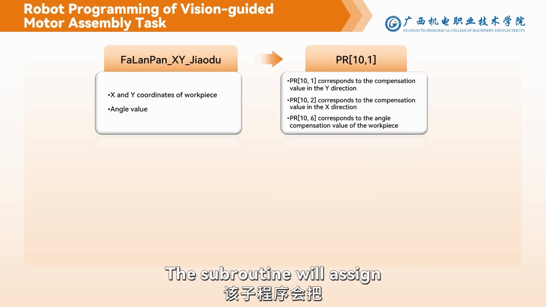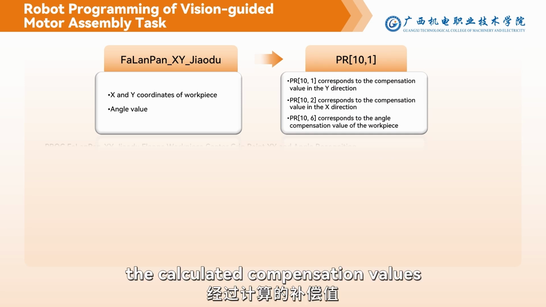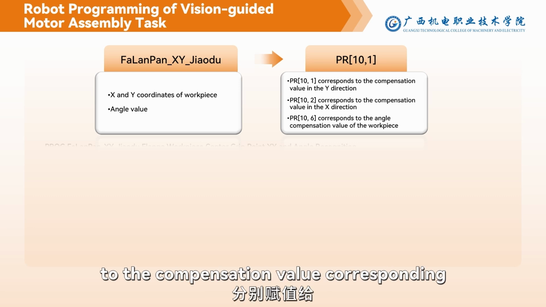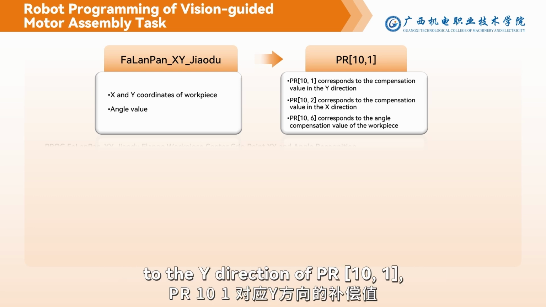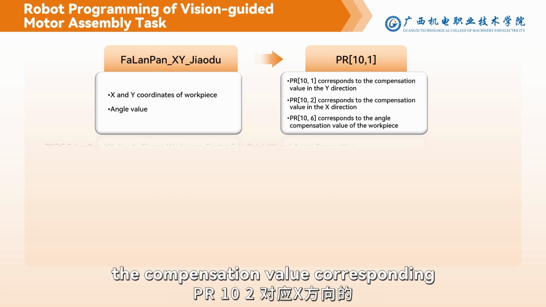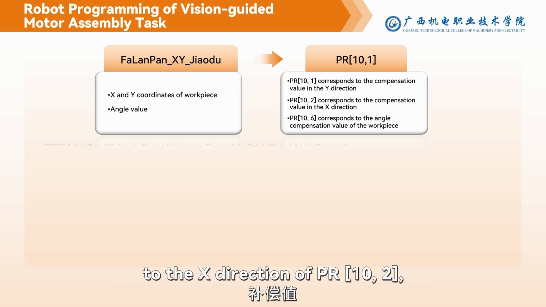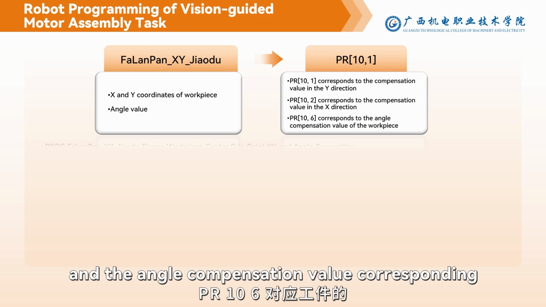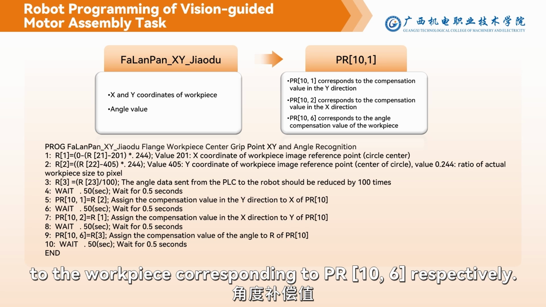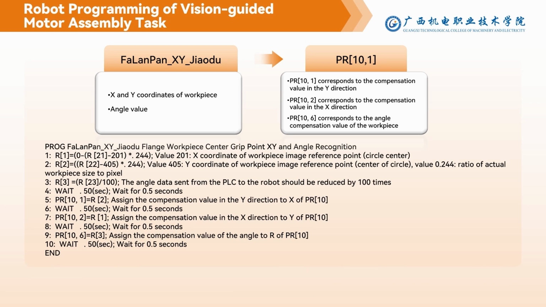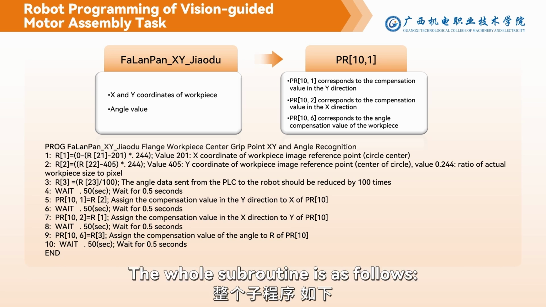The subroutine will assign the calculated compensation values to the compensation value corresponding to the Y direction of PR 1, the compensation value corresponding to the X direction of PR 2, and the angle compensation value corresponding to the workpiece of PR 6, respectively. The whole subroutine is as follows.